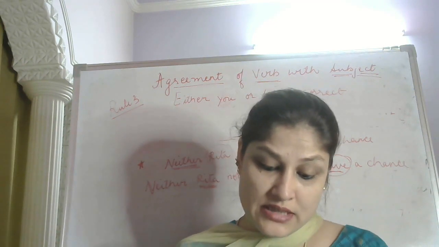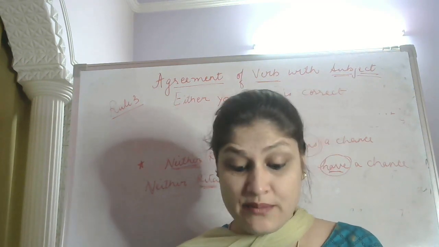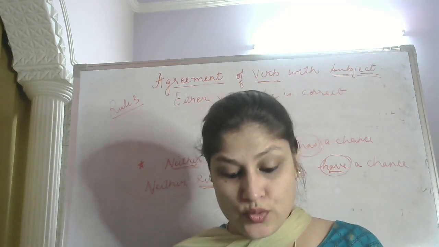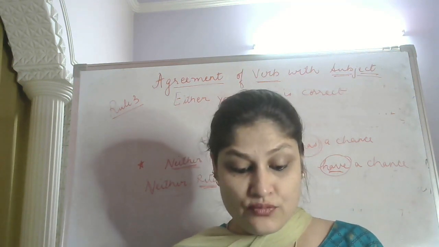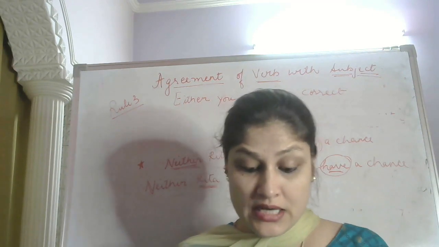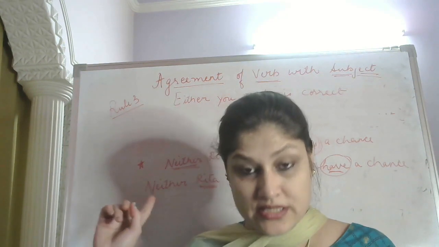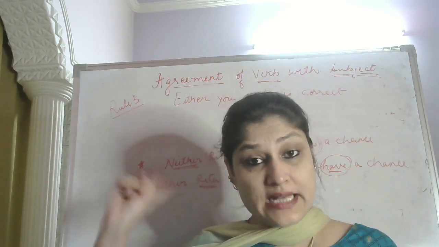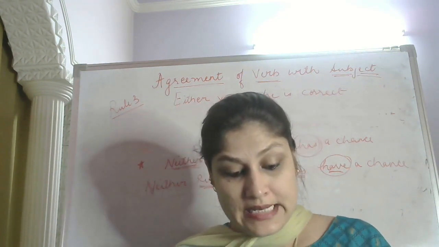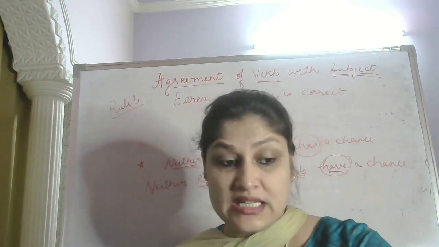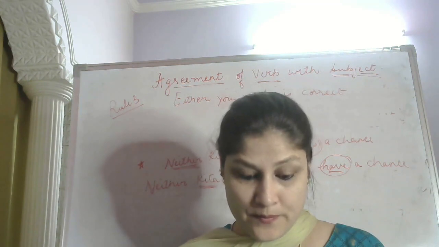A singular subject which is followed immediately by as well as, in addition to, including, no less than, with, together with, see, they will always take a singular verb, just like this one. It says here the husband as well as the wife needs advice. Needs is singular again, right?